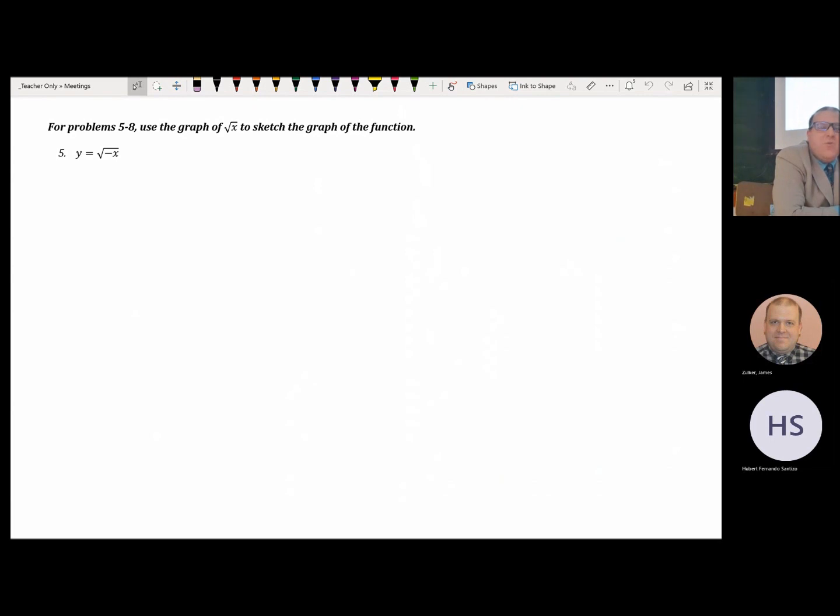Originally, square root of x, domain, what? 0 to infinity, right? Well, now if you multiply the inputs by -1, the domain becomes negative infinity to 0. That negative tells us it's a reflection.